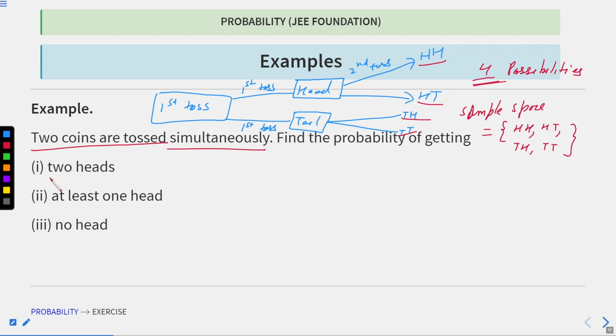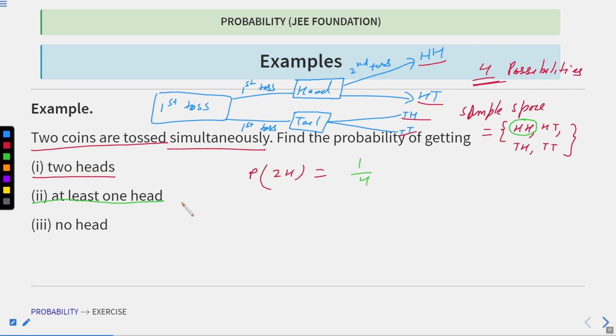Now the probability of getting two heads: I am getting two heads only one time, so the number of favorable outcomes is just 1, divided by 4. Now the probability of getting at least one head, that is, the minimum number of heads we are going to get is 1.